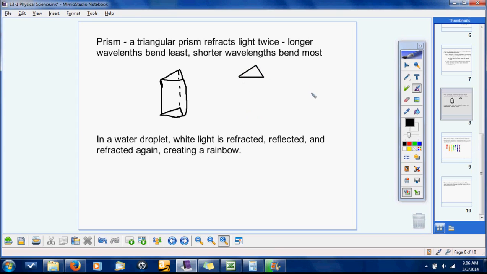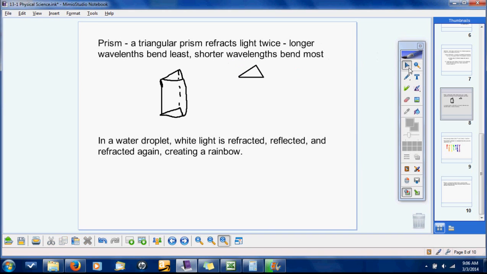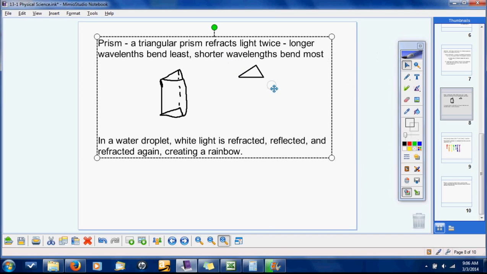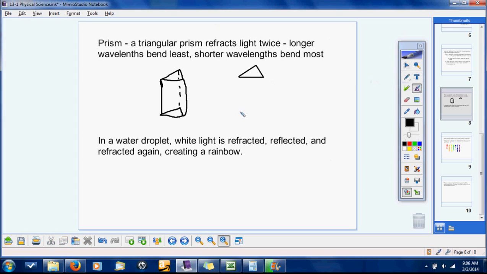They're made of glass, these triangular prisms, and we are going to get a chance to do some hands-on with them. They have a shape like this, similar to that anyway.